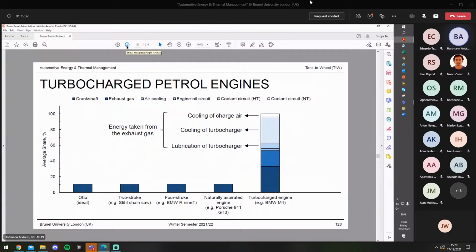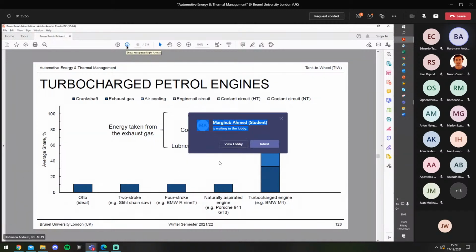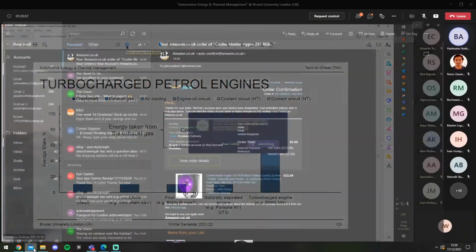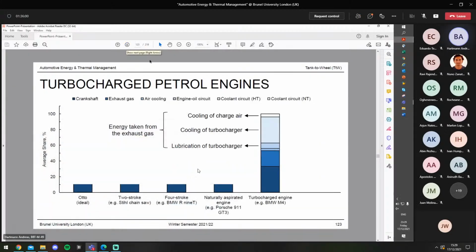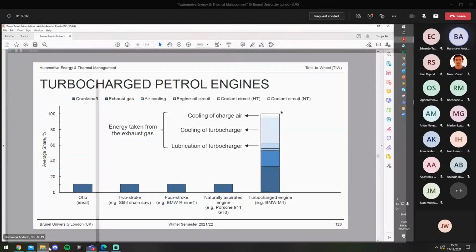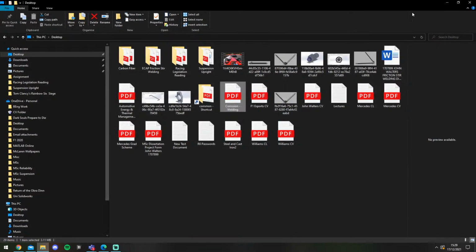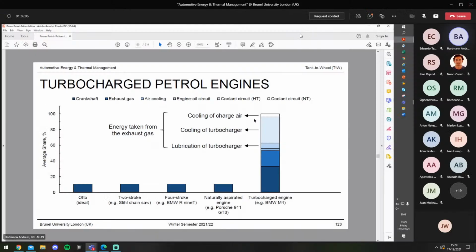Yeah, now let's go to slide 123, and we will move on to the turbocharged engine, and we will add another energy flow to our Sankey diagram, and it's the energy flow of the charge air cooling. So you can see here, we add another portion on the top for the charge air, but this is not the only thing that changes.